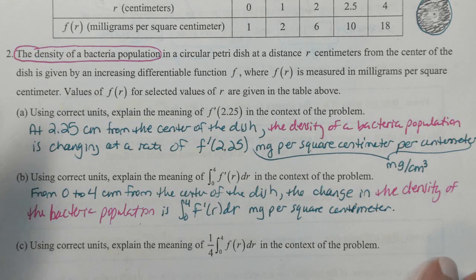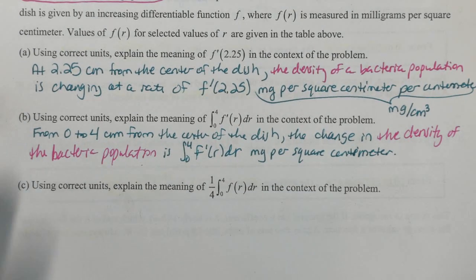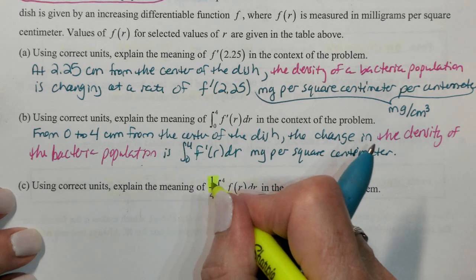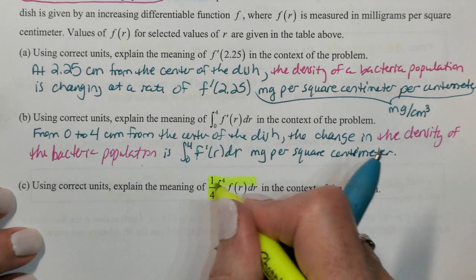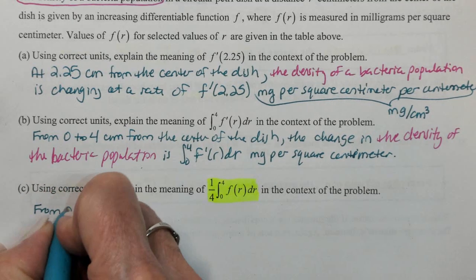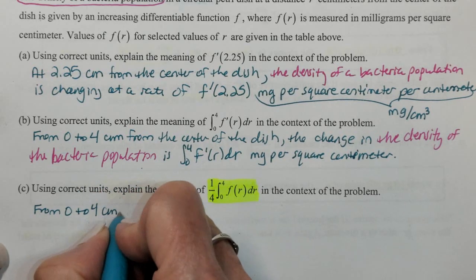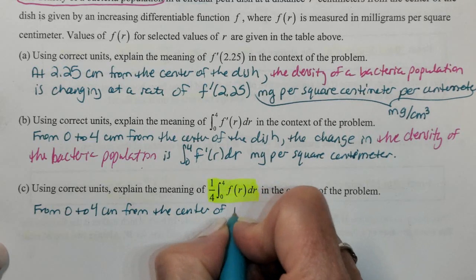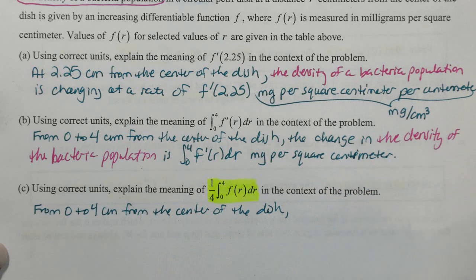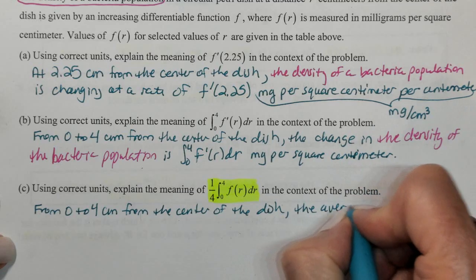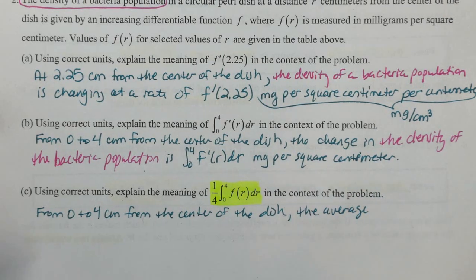Last one here. Using correct units, explain the meaning of this one. So we recognize this as the average value. That 1/4 out front, that coefficient out front gives it away. This is the average value of f. Okay? So from 0 to 4 centimeters from the center of the dish, the average f, but we don't say f, we say the meaning of f.